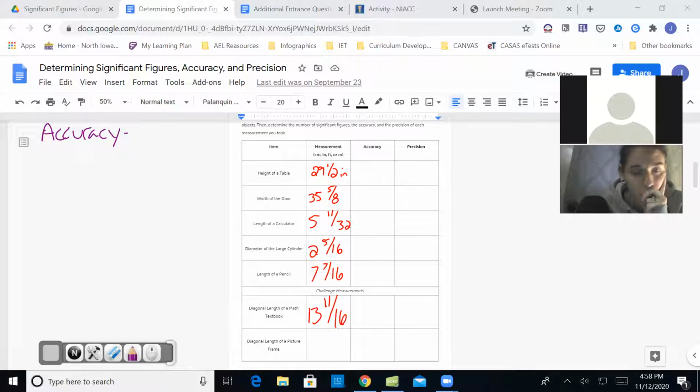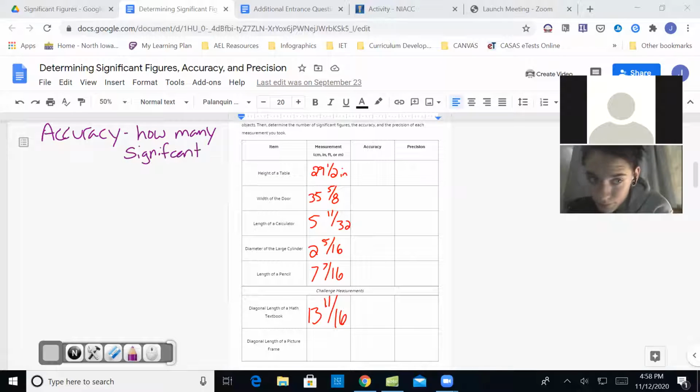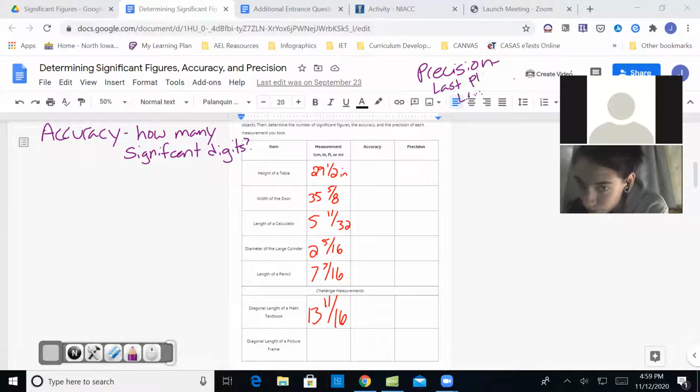In math, accuracy typically refers to not how accurate your measurement is, but how many significant digits there are, and precision is the last place value of the last significant figure.